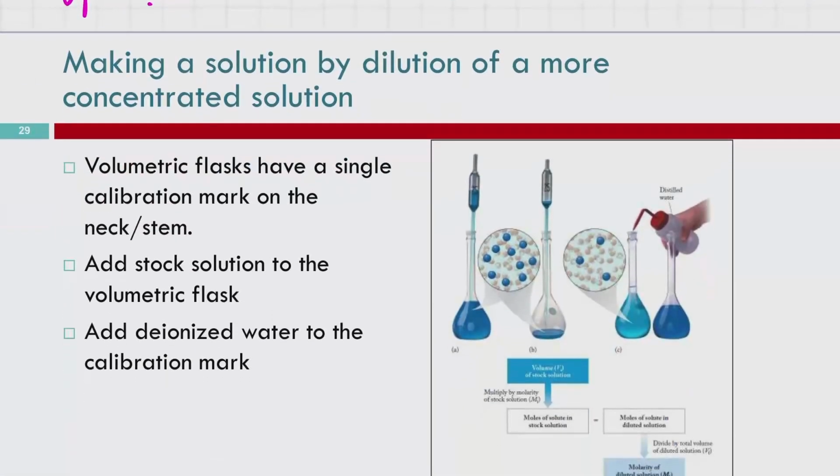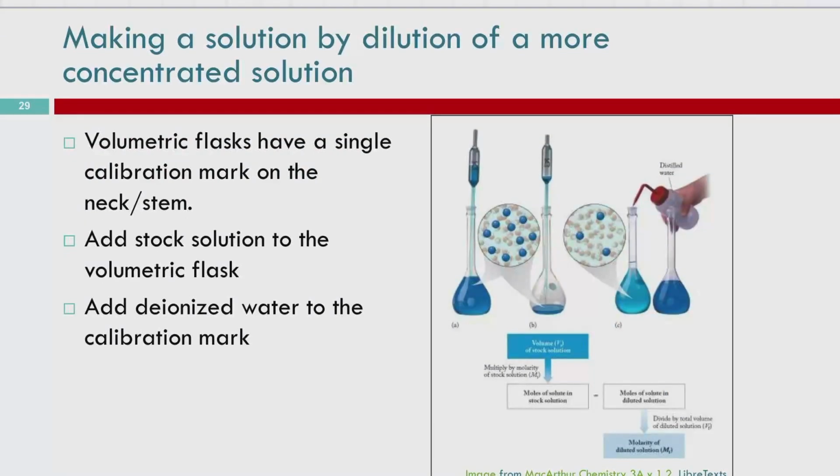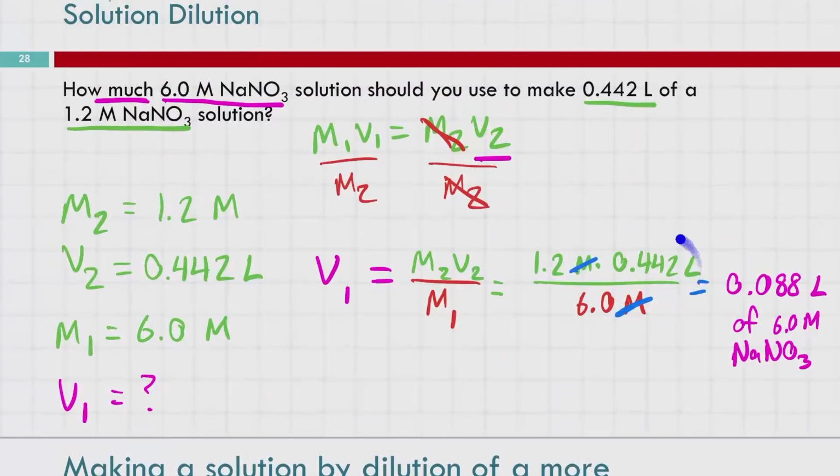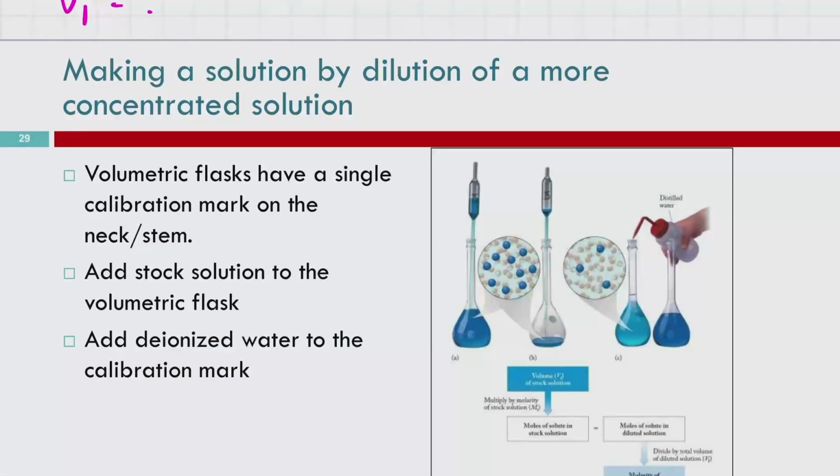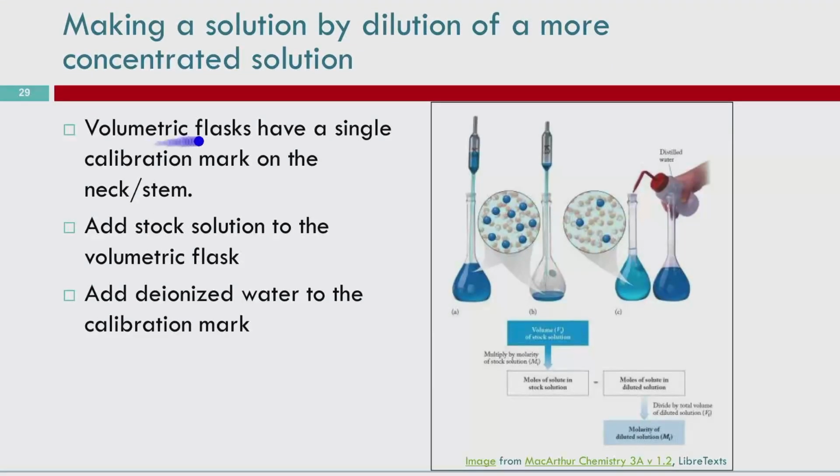Cool. So if you're doing dilutions, oftentimes you won't be doing it to weird numbers like 0.442 liters. A lot of the time it's going to be using volumetric flasks. And volumetric flasks are great for one single particular volume.